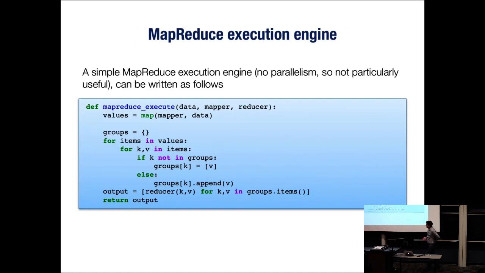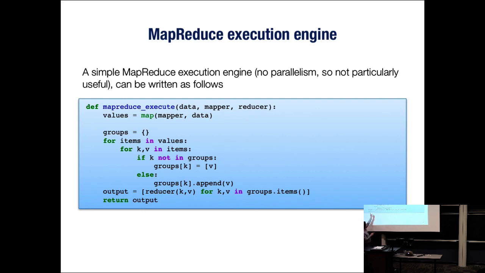And now we do this grouping. This is actually the hardest part for the execution engine. We have to do this grouping by key. I'm doing it the pure Python way, though you can do it more efficiently with other methods. I'm creating a dictionary called groups, and I'm going to iterate over all the items in values.